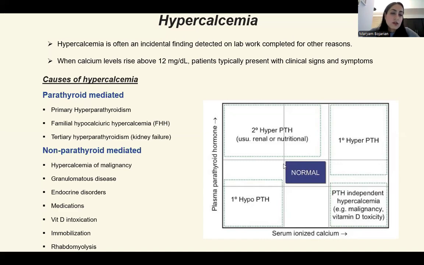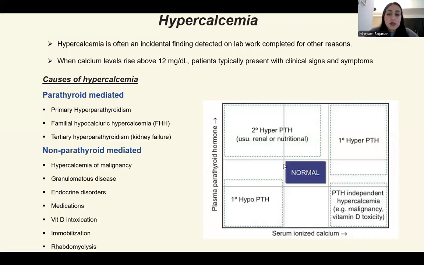And non-parathyroid mediated is if the patient has hypercalcemia of malignancy, which we'll talk about later, and granulomatous disease. Endocrine disorders in this category include severe hyperthyroidism, adrenal insufficiency, acromegaly, and pheochromocytoma.